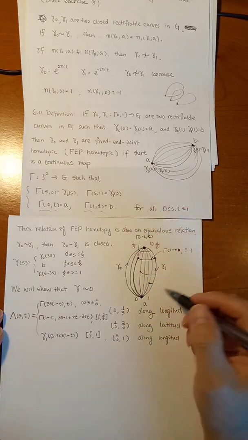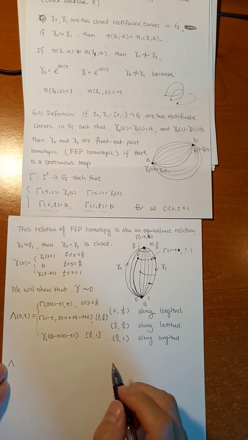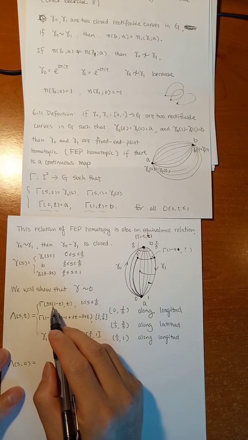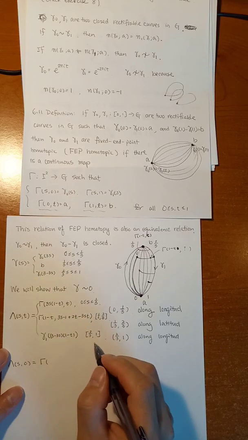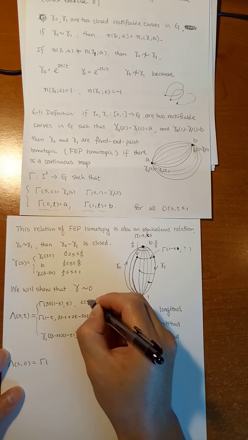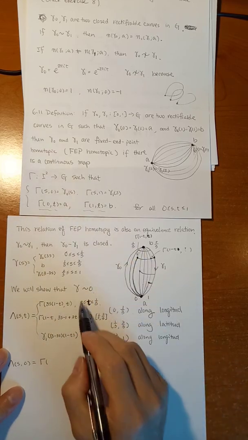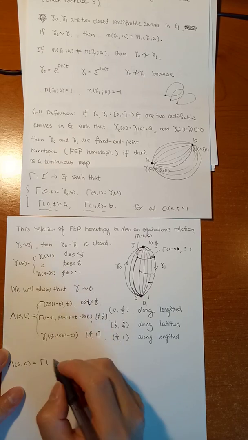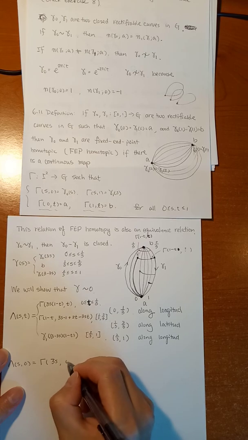So this one implies what is capital gamma? Let's see. Gamma, t is between 0 and 1. When t is 0, you will have gamma 3s and 0.